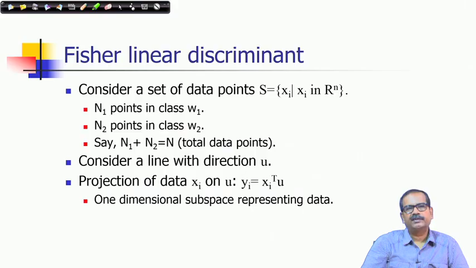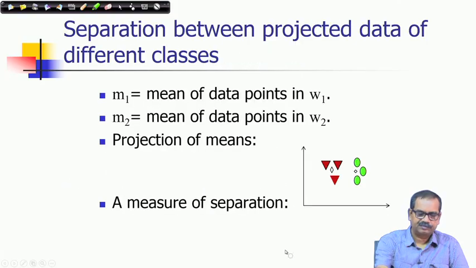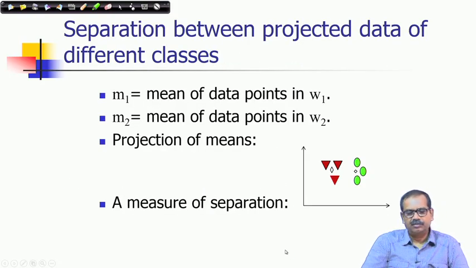It is nothing but a one-dimensional subspace which represents this data. So, all the points lie on that line. Now, we are trying to measure how the projected data is separated, because with that measure we can formulate a problem for maximizing it to get well separated data.